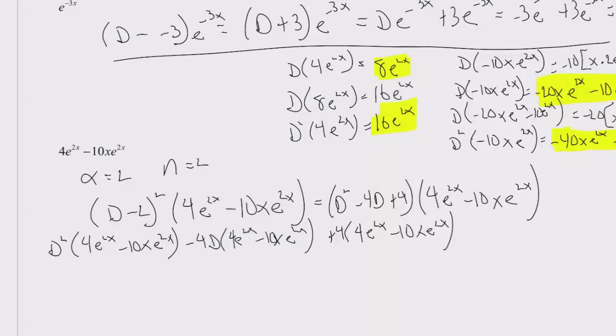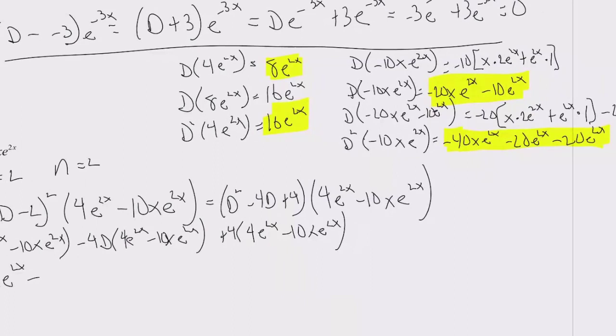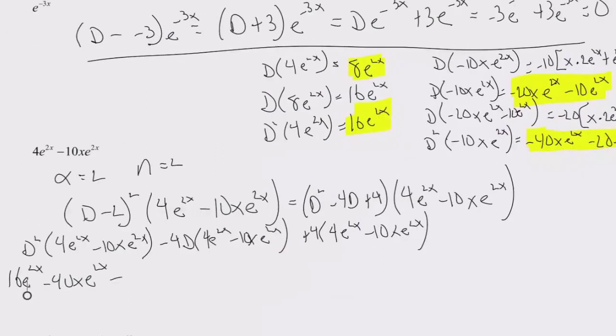For the second derivative of 4e to the 2x, that's 16e to the 2x. Then the second derivative of the minus 10x e to the 2x is minus 40x e to the 2x minus 40e to the 2x.